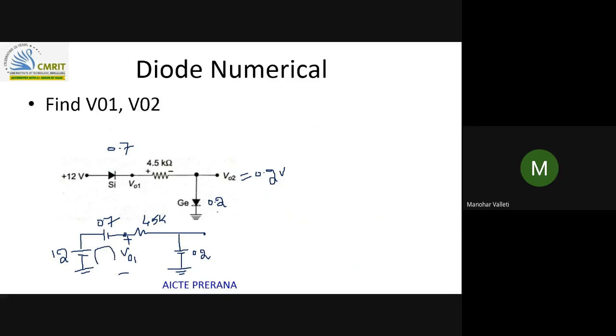I want the voltage here with respect to ground. So this is ground, starting from ground and reaching ground, only one loop will be there. Applying KVL: 12 minus 0.7 minus V01 equals 0. From that, V01 equals 11.3 volts. Understood? V01 equals 11.3 volts.